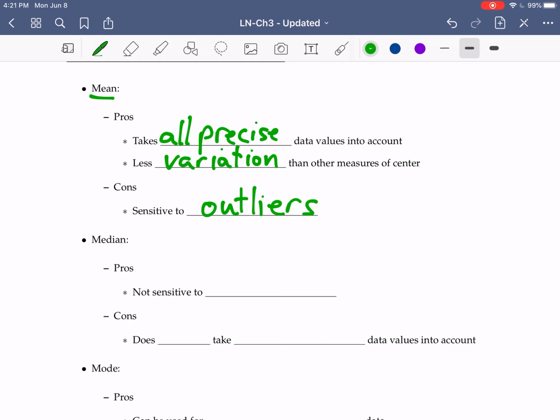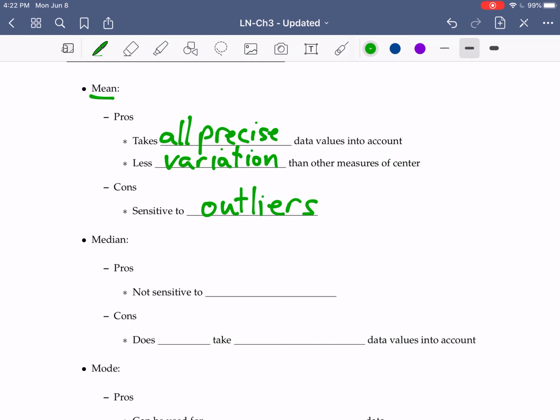So if you have one value that is way away from everything else, then all of a sudden that can make the mean look a whole lot different. Right? So if we consider everyone that watches this video, there's some mean net worth that each person has.